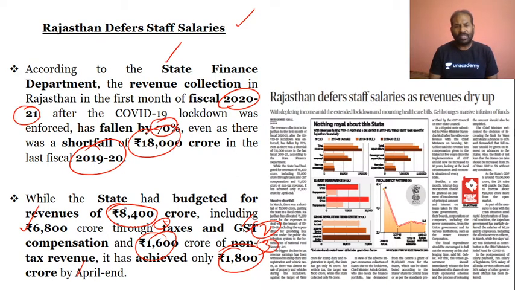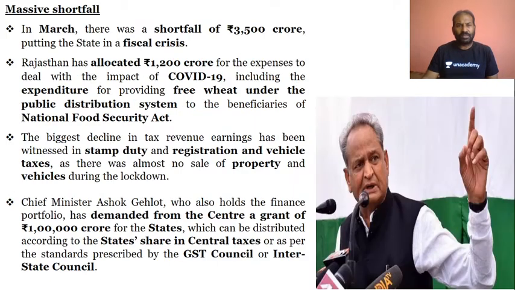So the Rajasthan government has a budget for revenues of 8,400 crores, and it says that it is very less. Comparing 2019-20 to the fiscal year 2021, there is a shortfall of 18,000 crores of rupees, and that is a massive shortfall for the Rajasthan government.